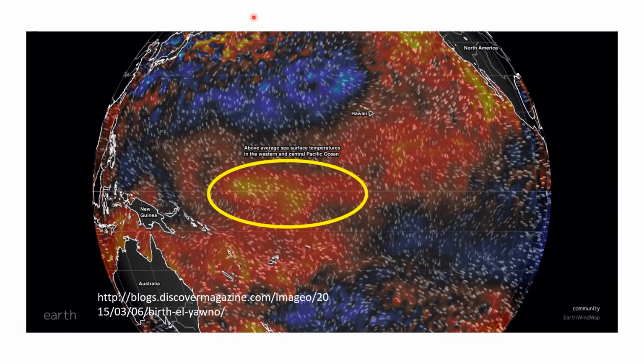That makes above average sea surface temperatures in the western and central Pacific Ocean. As you can see here, the Philippines is here.